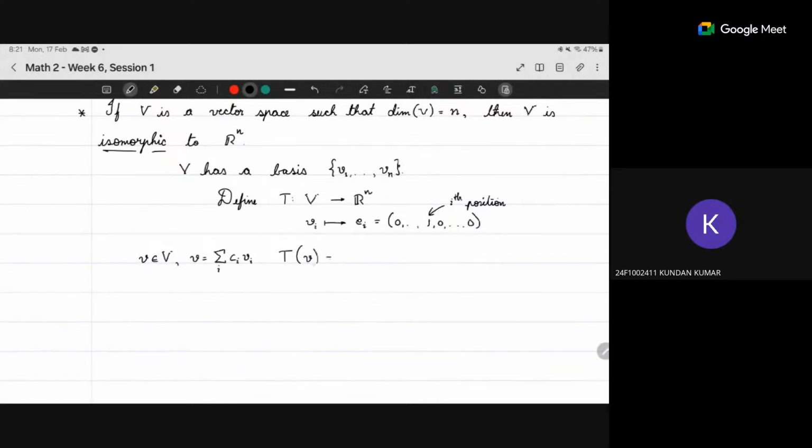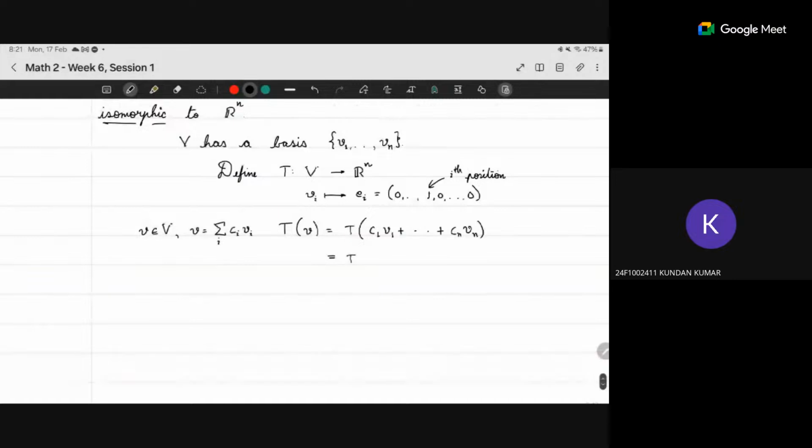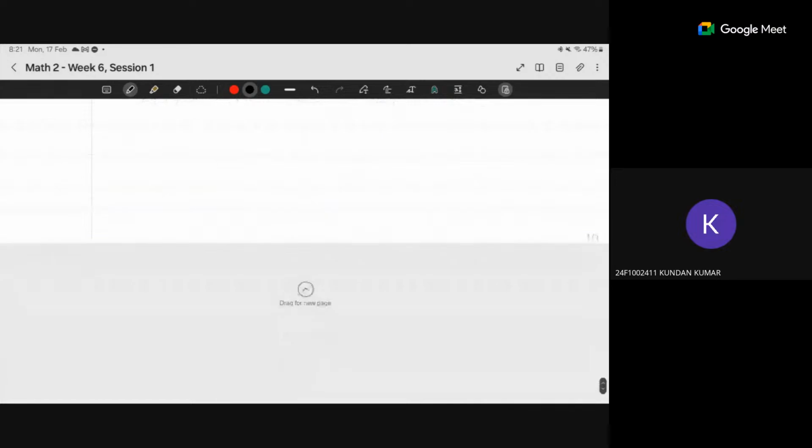Now, T of v is nothing but T of C1 V1 plus so on up to Cn Vn. But what does the linearity property say? This is T of C1 V1 plus T of C2 V2 and so on up to T of Cn Vn. This is the first property: if you have a sum as the argument of the function, you can take T of each of the elements and sum it up.